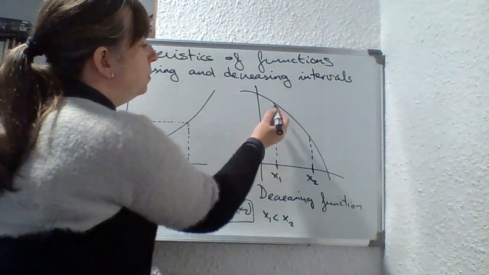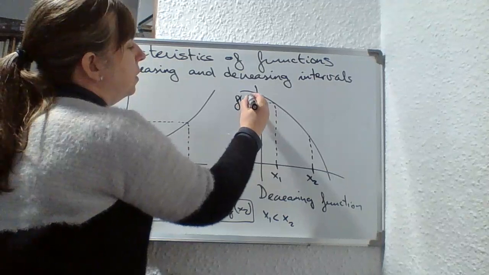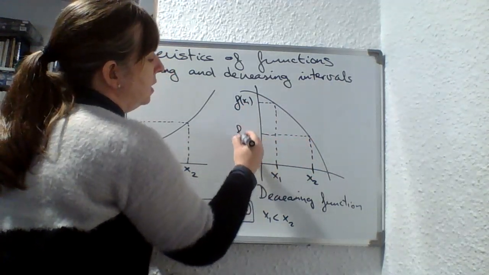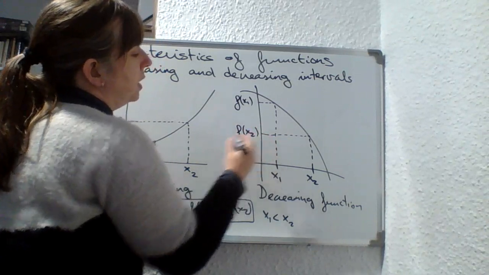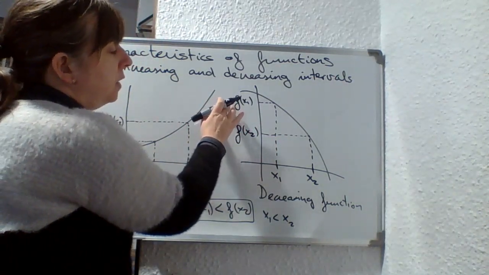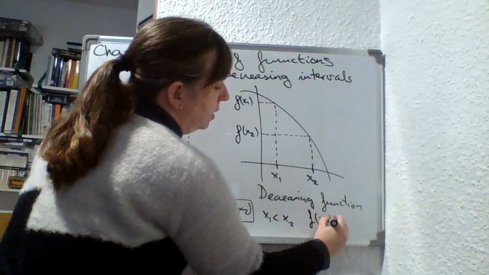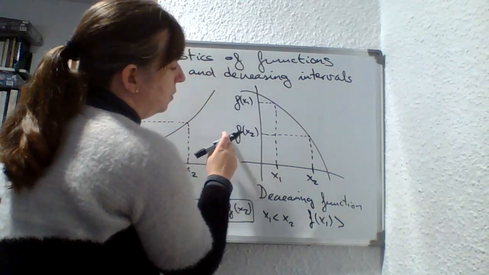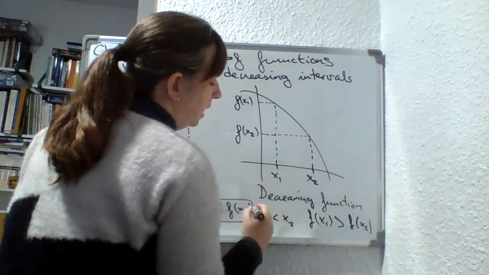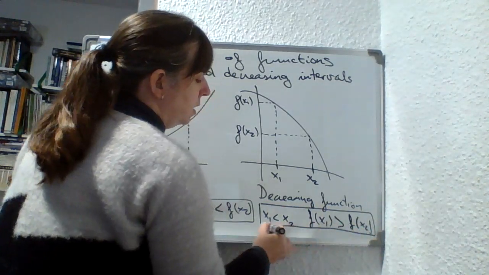But this is the value of the function for x1, and this is the value of the function for x2. You can see that now the value of the function for x1 is bigger than the value of the function for x2. And this is the definition of decreasing function.